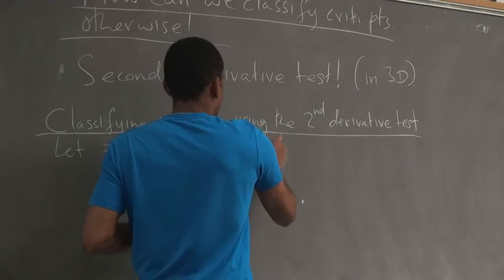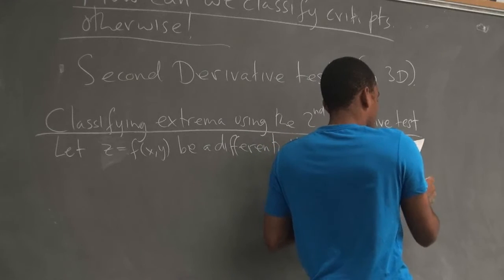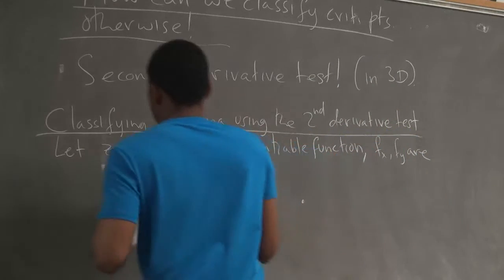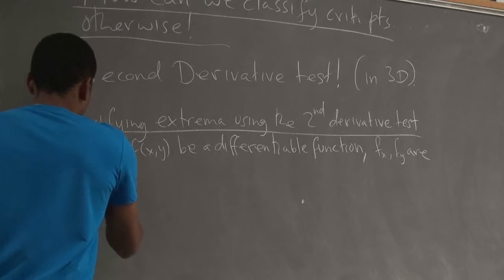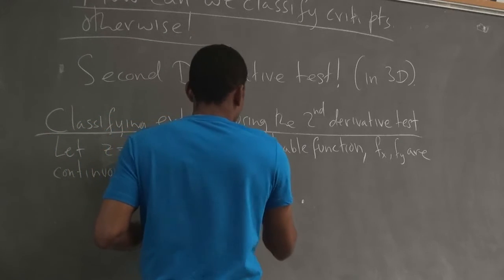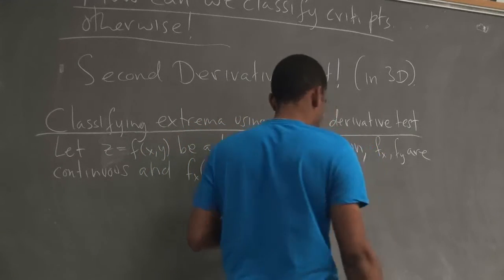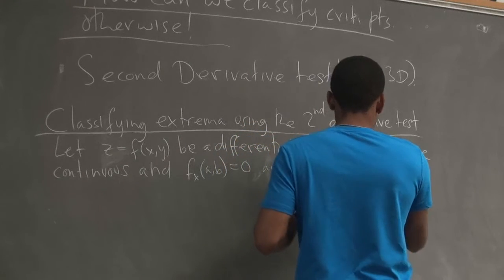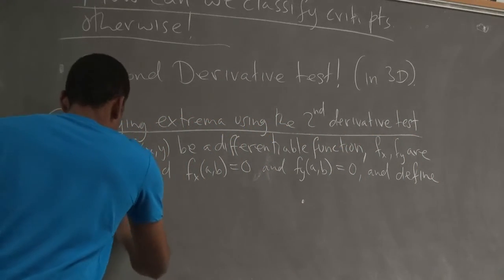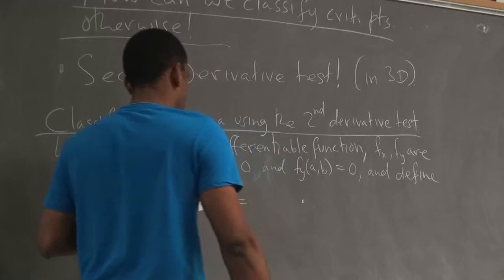Function f with fx, fy continuous, and fx at a, b equals 0 and fy at a, b equals 0, and define this word function, which we're going to call D, which is a function at the point a, b, given by the following.